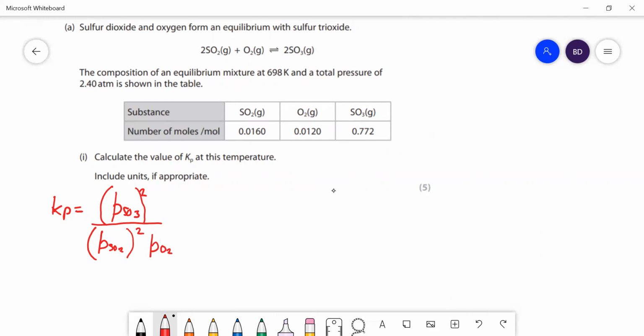Now, the partial pressure of one of the components is equal to the mole fraction, and I'm going to use this little symbol for mole fraction, lambda, multiplied by capital P, the total pressure.